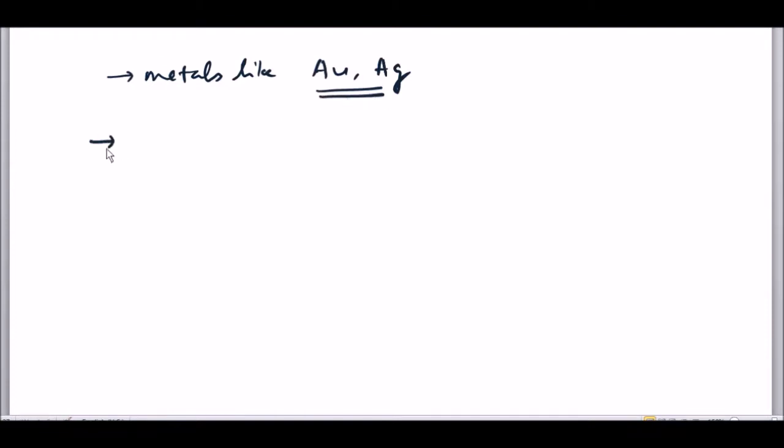In particular, if you take gold, on leaching with cyanide, a dilute solution of sodium cyanide is used along with the gold, so that it can be converted into a complex compound.